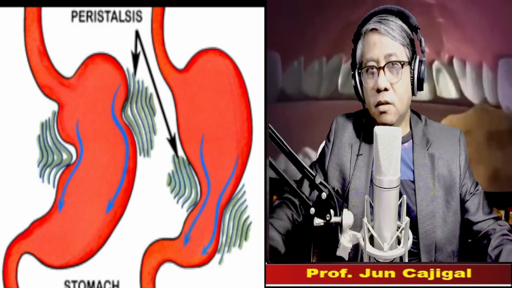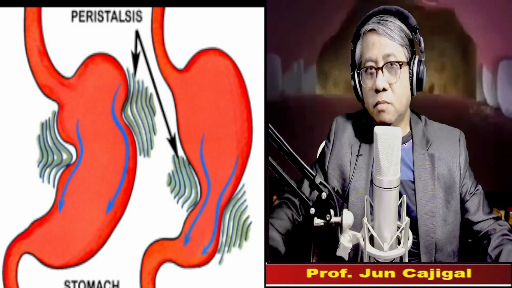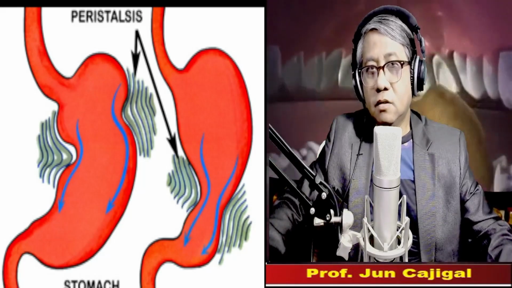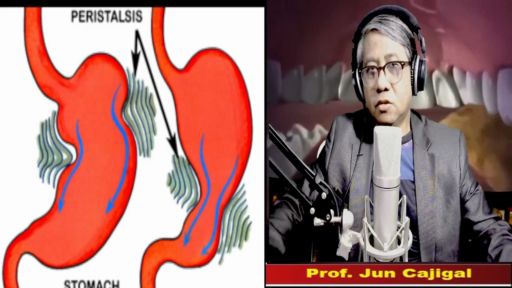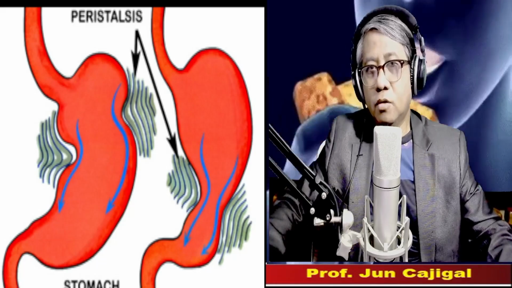And in terms of chemical digestion, the stomach secretes enzymes, specifically pepsin, that facilitates the partial digestion of proteins into smaller components.